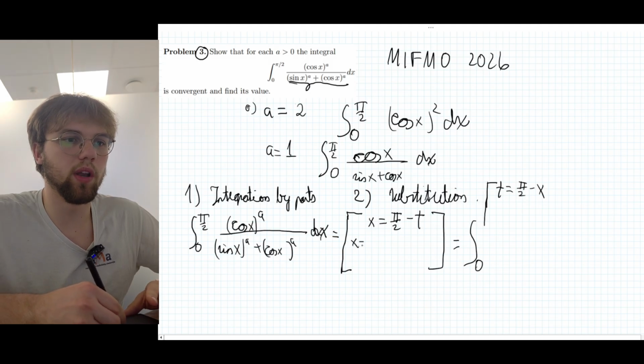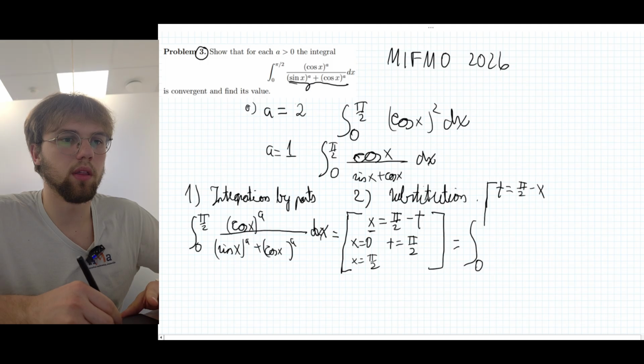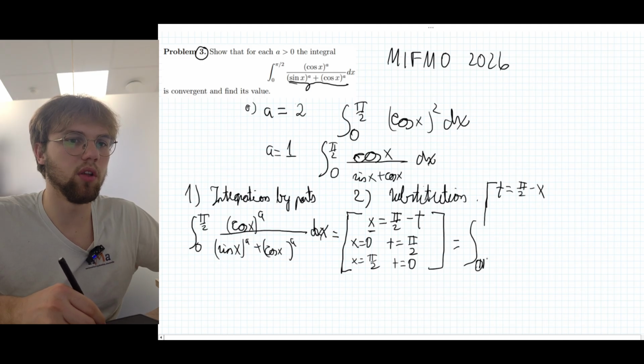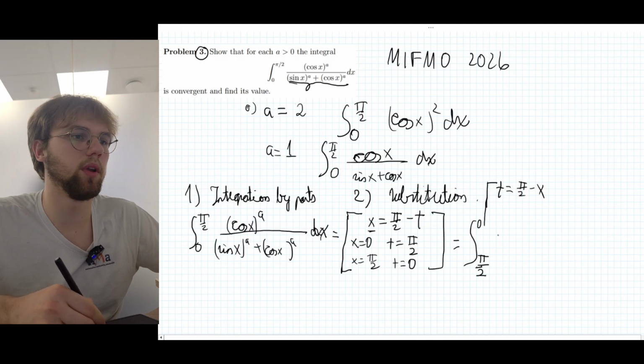So when x equals 0, this side also has to be 0, so t equals pi over 2. And when x equals pi over 2, this side has to be pi over 2, so t is 0. So basically the bounds just swap around. You get pi over 2 here, and you get 0 here.